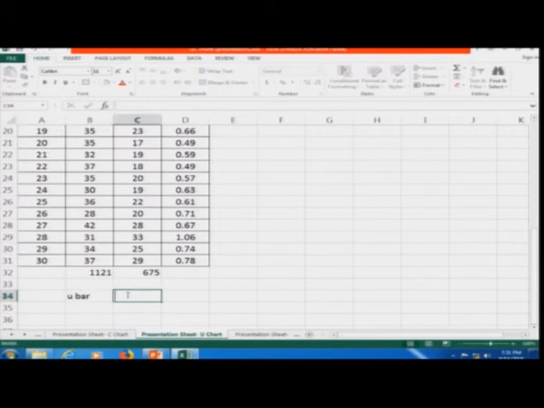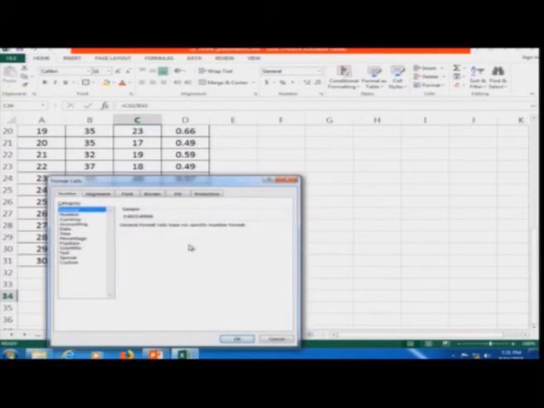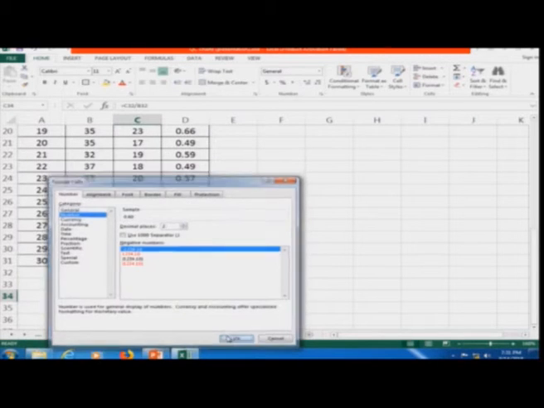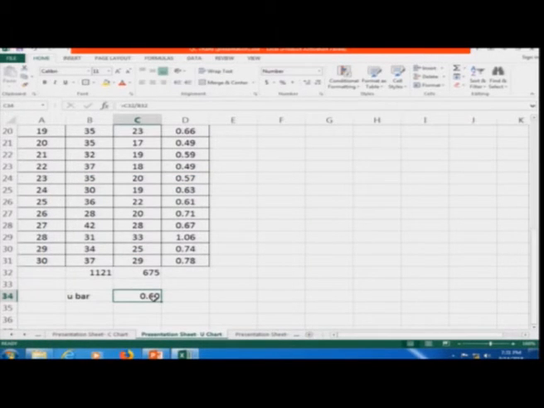This is equal to total number of defects divided by total number of pieces which are inspected. Enter. This is 0.6 whatever the value is. So I'll just bring it to second place of decimal. Okay. So we have the value of U bar here.